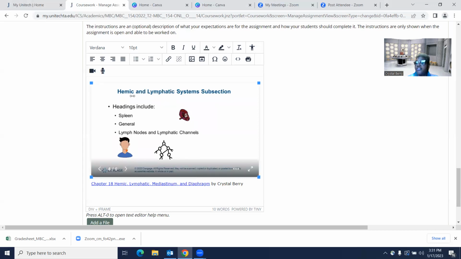The subsections of the hemic and lymphatic system. This is one of your review questions, and it will also be on your exam. Headings include spleen, general, lymph nodes, and lymphatic channels. These are diagrams. Also, make sure that you read your Chapter 18 PowerPoints, which you can find in your e-learning section.